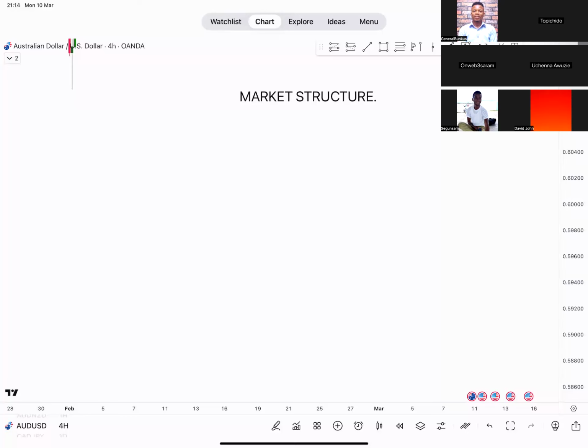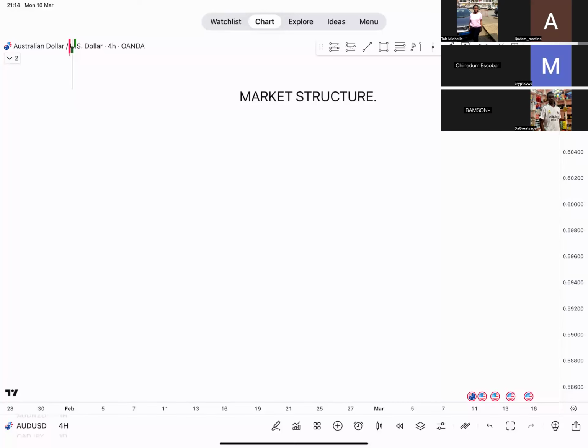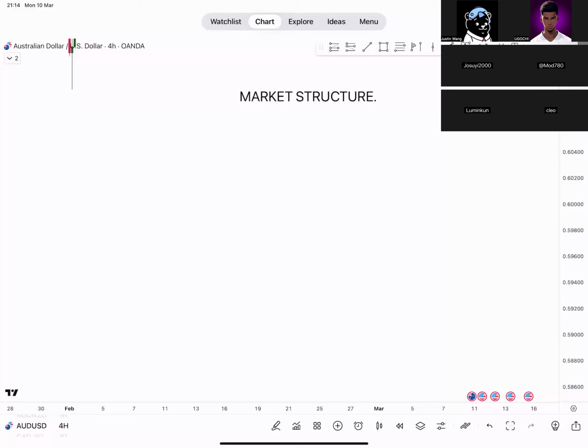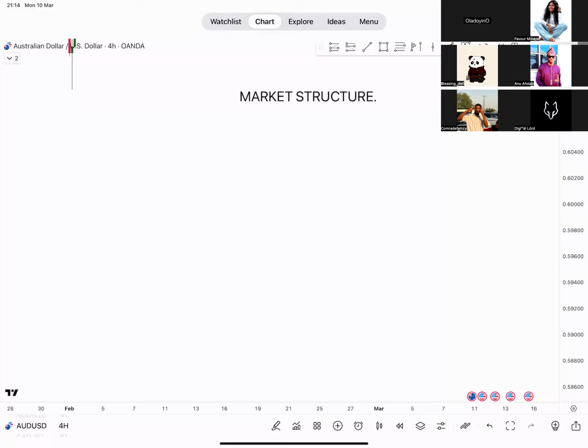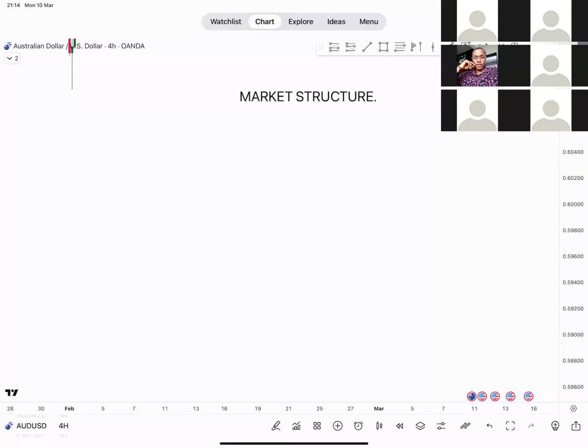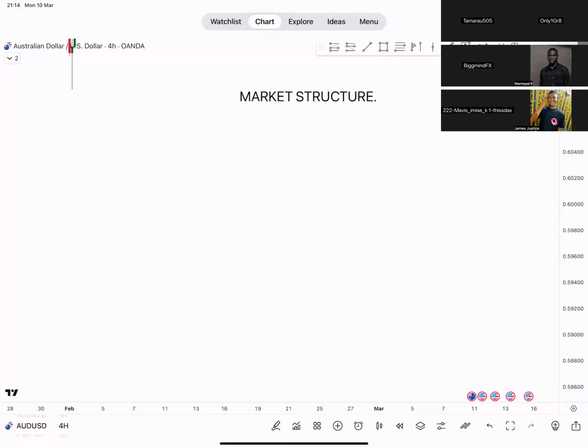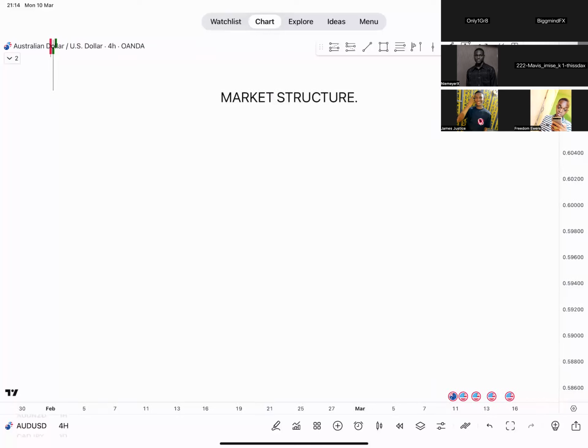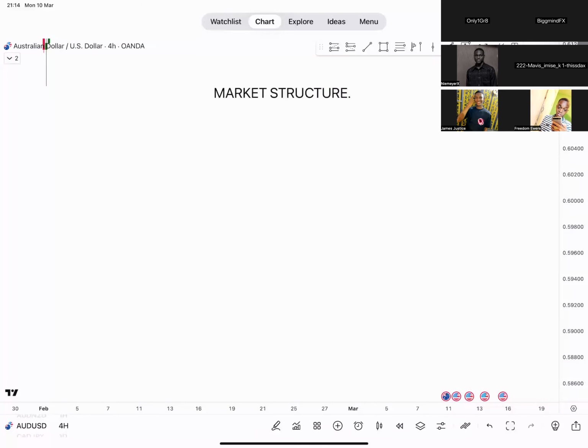Now, when it comes to trading, whether you're trading the forex currencies, the synthetics market, or the cryptocurrencies, no matter the strategy that you trade with, there is one thing in common with all of these strategies, which is market structure.